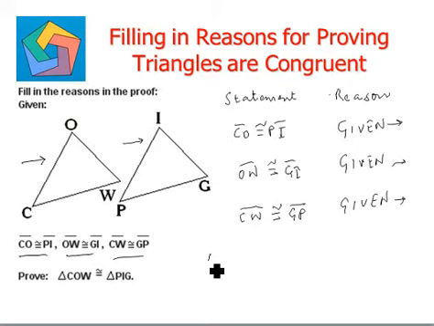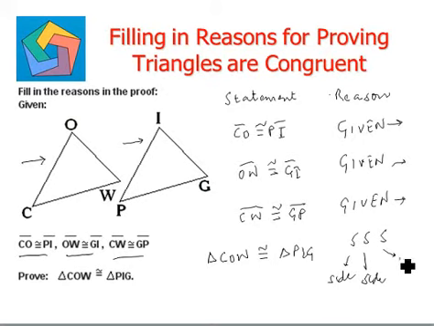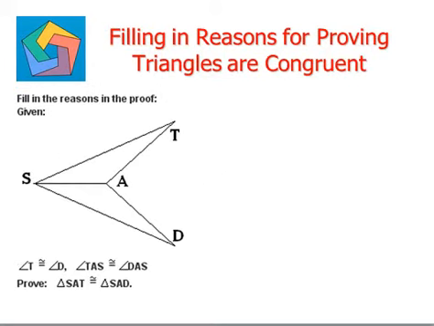So triangle COW is congruent to triangle PIG with the SSS theorem, that is the side side side theorem. So this is the statement and the reason table, that is the proof table, and this is how we write it. Let's proceed to the next question.